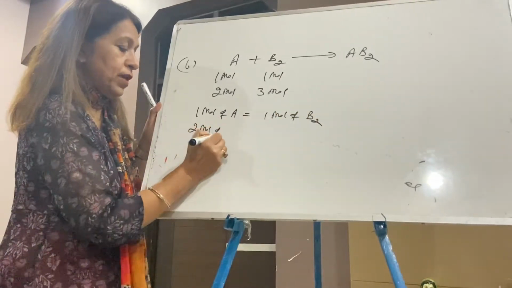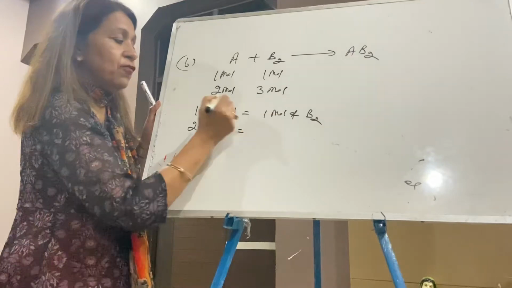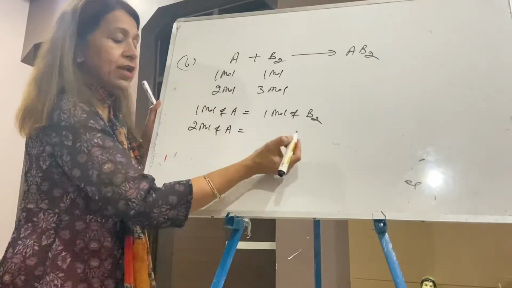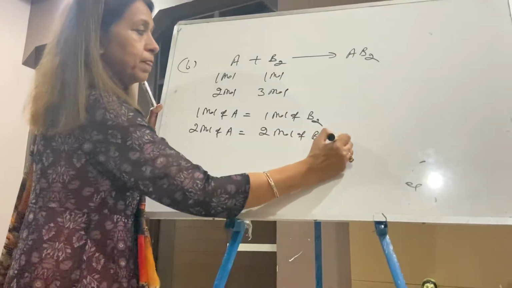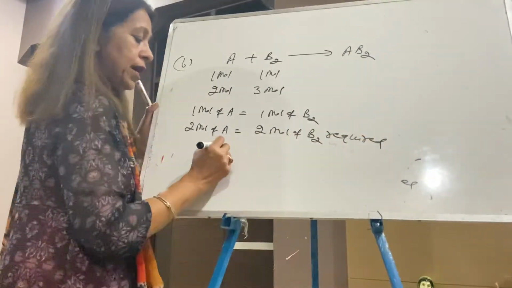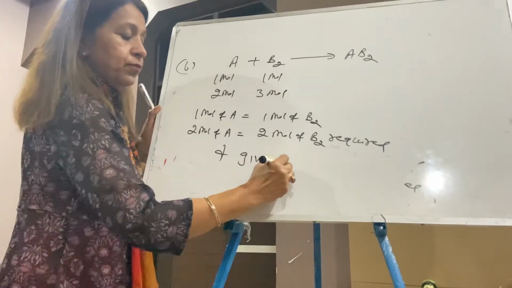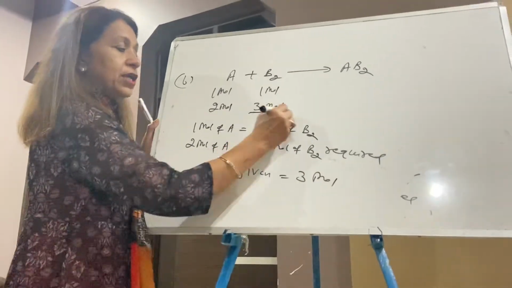So if 1 gives 1, 2 mole will give 2. This means 2 mole of B2 is required, and the given is 3 mole.